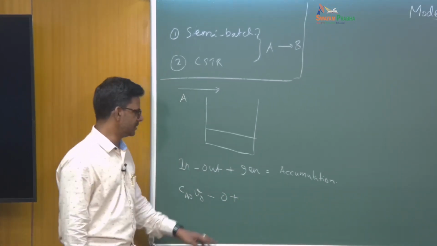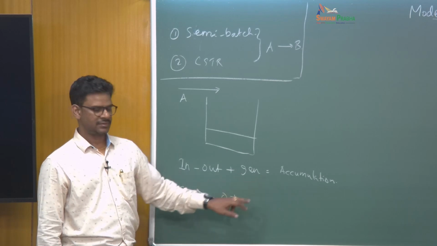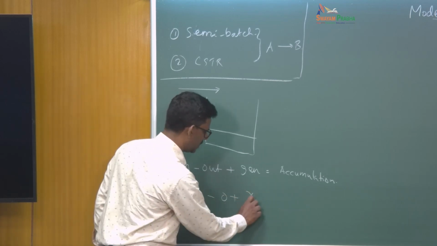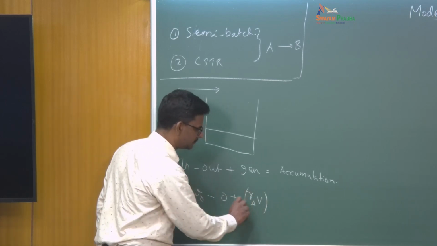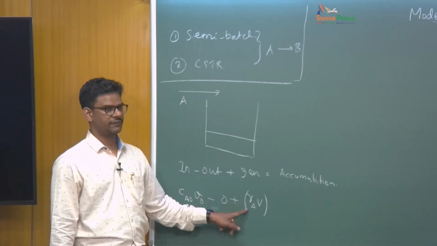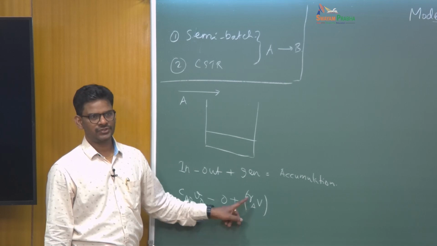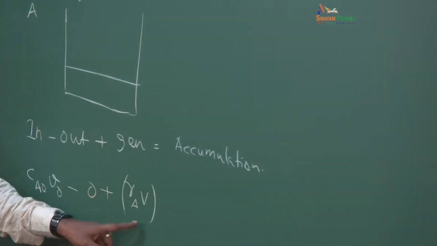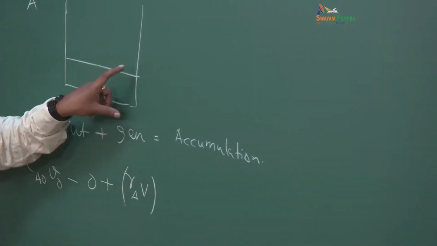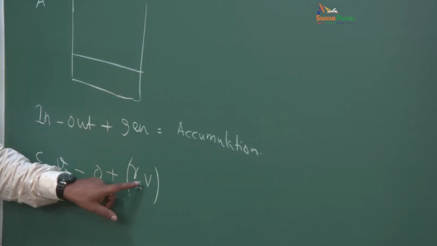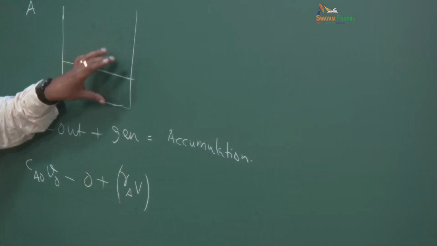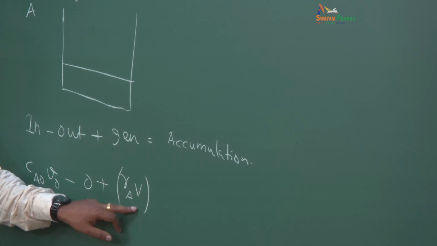Then we have this generation term. We say this is RA V. This is basically a reaction rate, the number of moles of A reacted per unit volume per unit time, times the volume of the reacting mixture. This V is not the total volume, it is the volume of the reacting mixture at any point of time t.